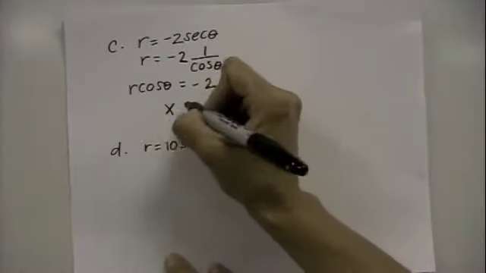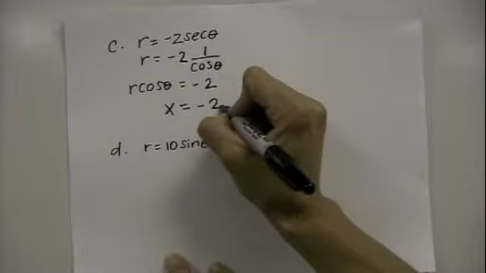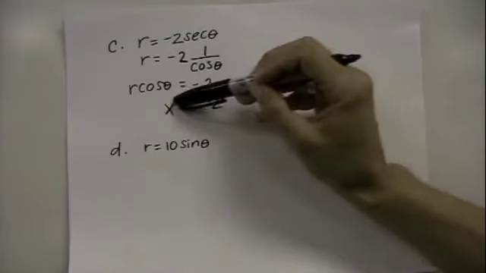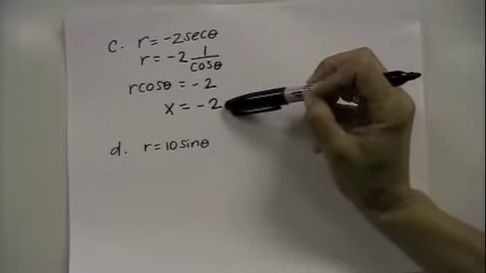On the left side, it says r cosine theta, which is equal to x from those 4 equations. And so you get the rectangular equation x equals -2. So again, your polar equation had r's and thetas, and your rectangular equation only has x's, no more r's or thetas. So we're done on that one.